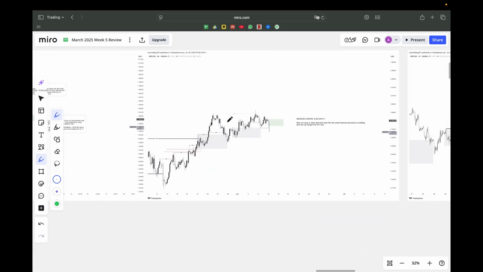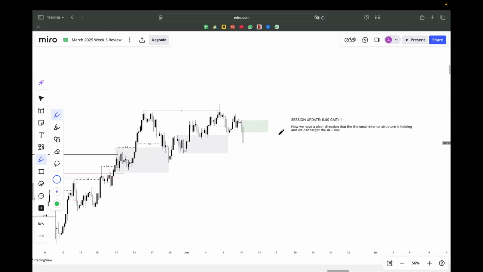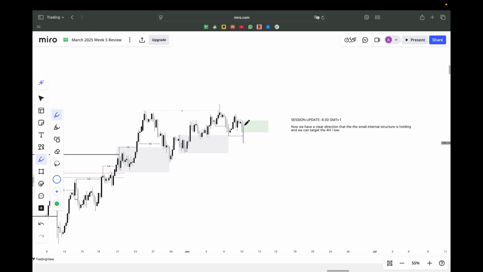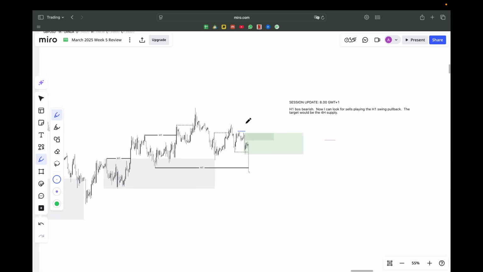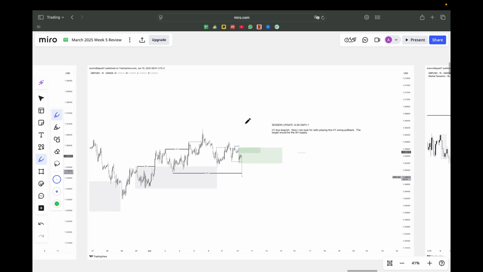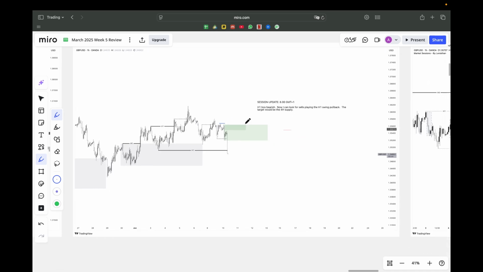So that was the game plan, but you know, price just pushed down without giving any opportunity, and it's not a missed trade. The set of rules didn't play out. So once the H1 was bearish, the next option was to play the swing pullback. So I waited for the price to do something like this so that I can look for some complex pullback.